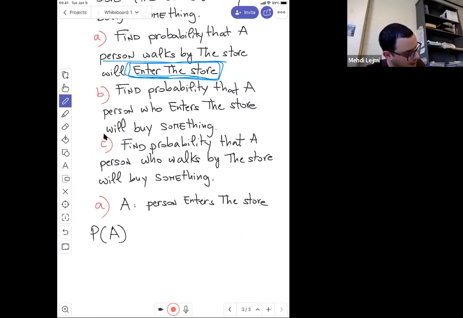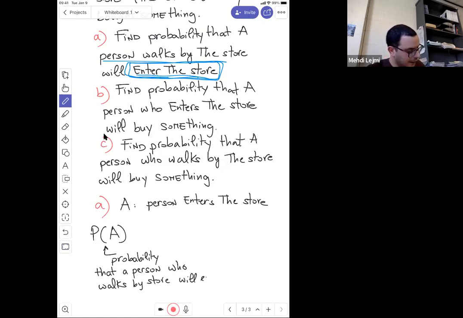So this is the probability that a person who walks by the store will enter the store.